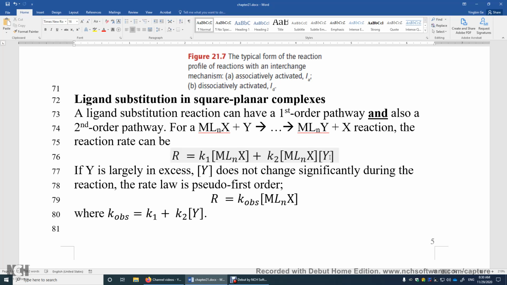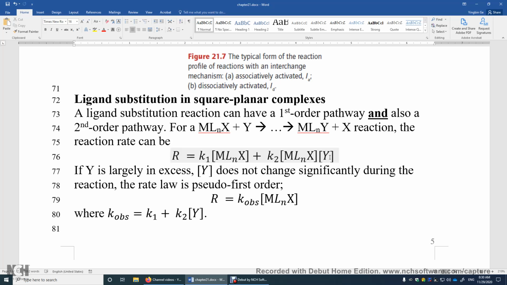And then, there are two different pathways. One pathway is the first order reaction. The metal breaks the bond with one weak field ligand first, and then a water comes in. Or the water can come in and form one more bond with the transition metal, right? And in that case, we have both first order and second order reaction pathways going on at the same time.